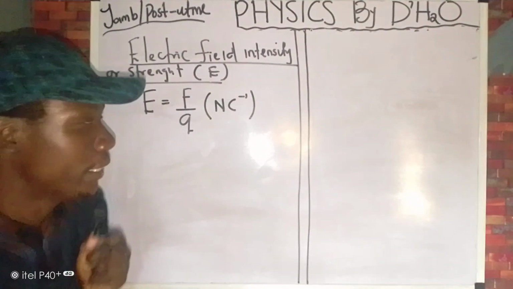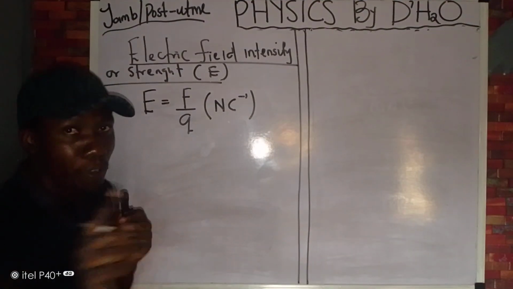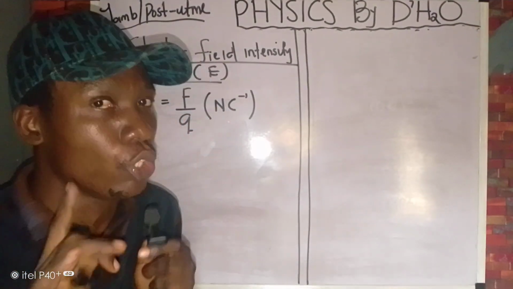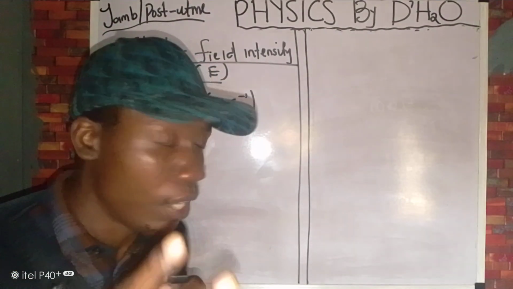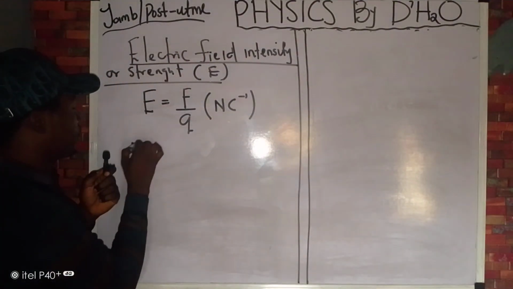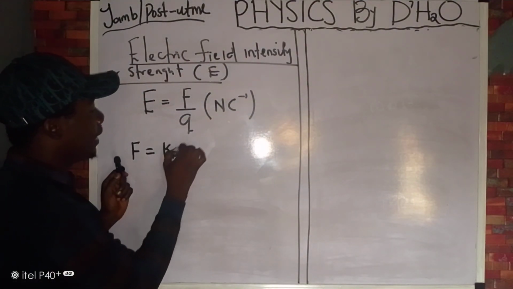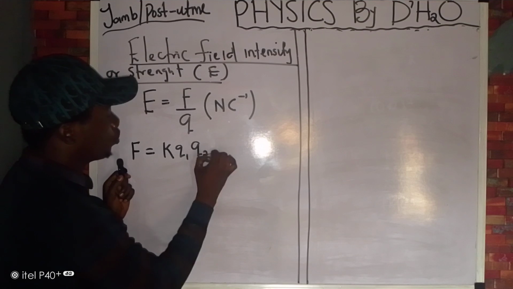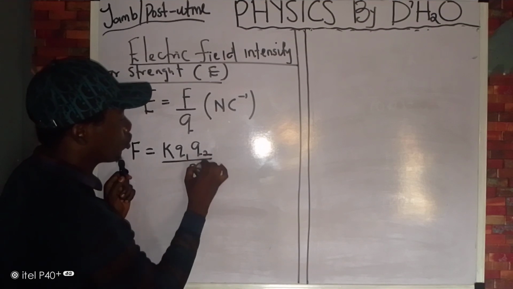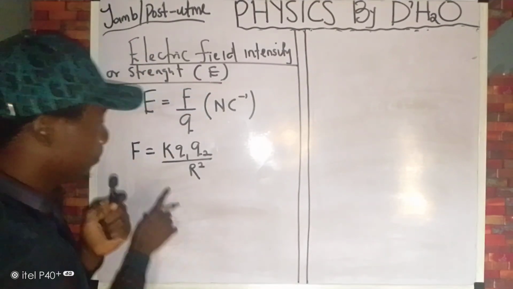Is that clear? Now, again, remember that the force there is called electric force. And you know electric force has its own formula, right? The electric force is equal to K Q1 Q2 over R squared.